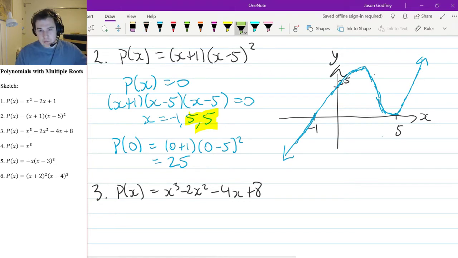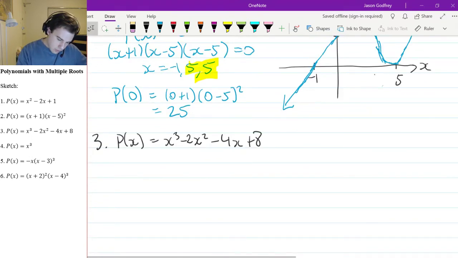However, it's not factored, so it's hard to figure out the roots just by looking at it. So we want to look at the constant term, positive 8. What factors could we use to get 8? We could get 1 and 8, 2 and 4, negative 1 and negative 8, or negative 2 and negative 4.